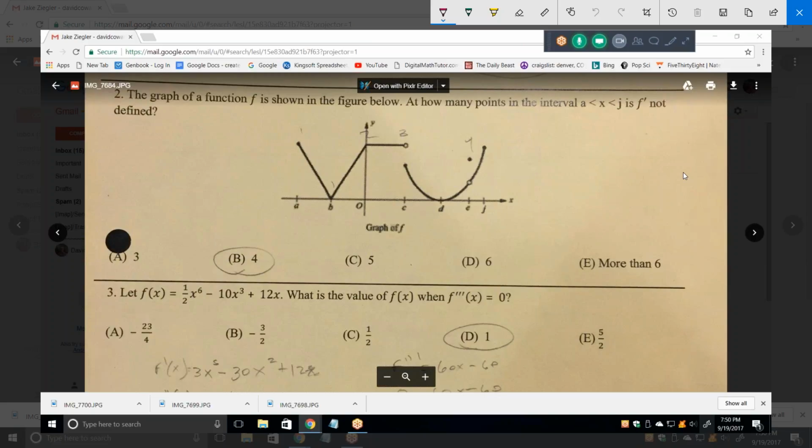Okay. Yep. How many points in the interval between A and J, between here and here? Where's J? Where the heck is J? Oh, I guess that's J right there. It looked like an F. Doesn't that look like an F? Well, where's J?